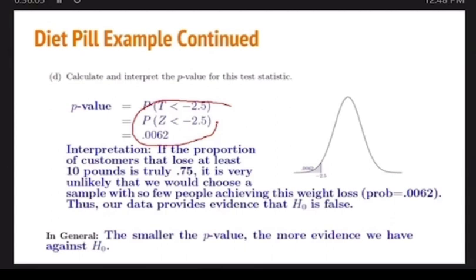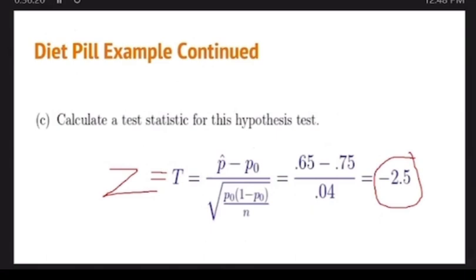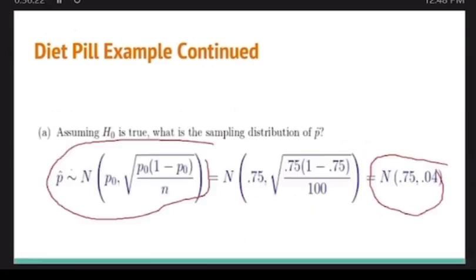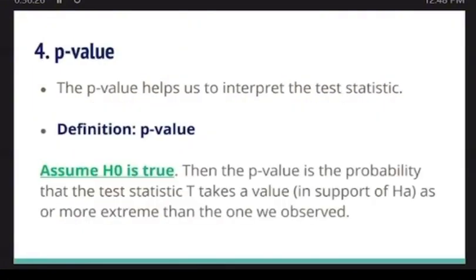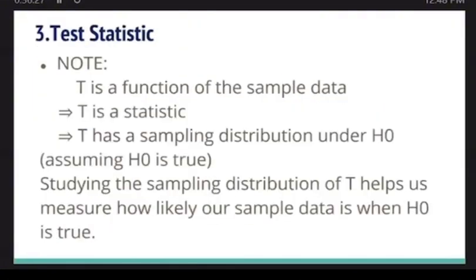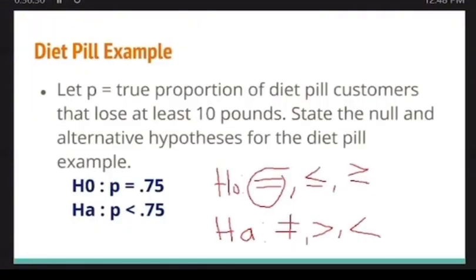Now, for me to be able to take a decision, I need to compare this p-value with the level of significance. Let me go back and ask, did they specify the level of significance?